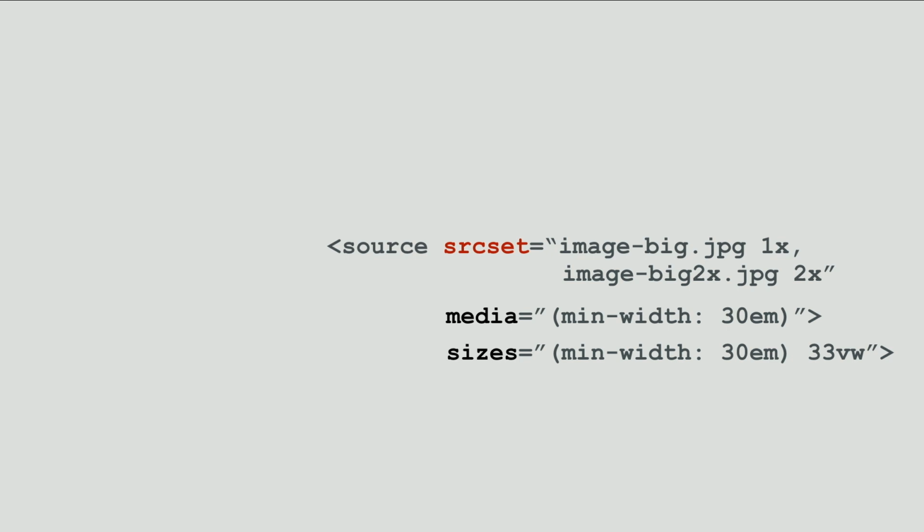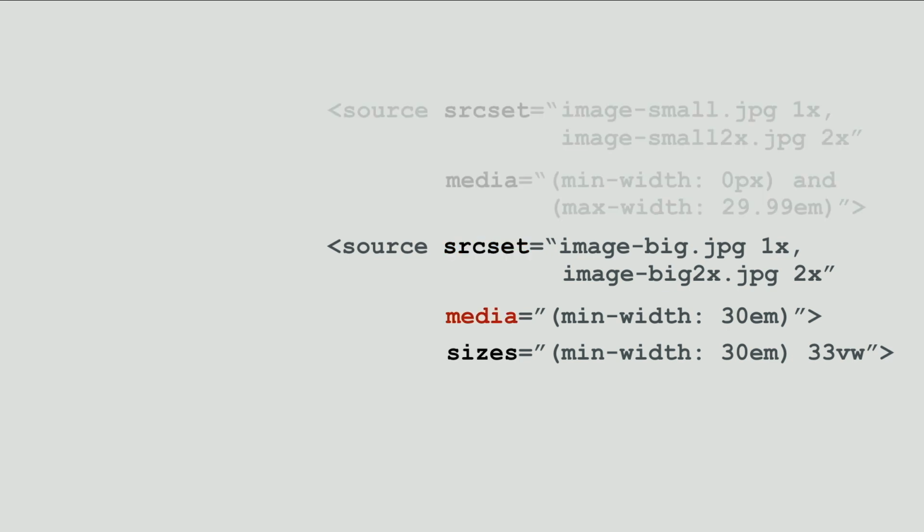Inside each source, we have almost exactly the same attributes that we had for the img tag. You have the srcset, where you give the images that the browser can choose from. And you can also say whether it's density 1 or double density or something like that.